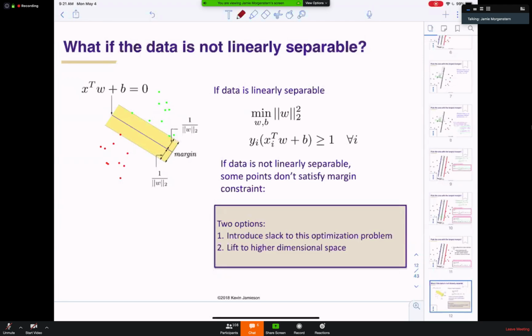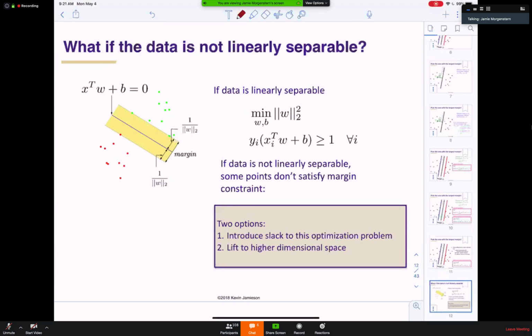And when that's not true, we basically have at least two options, right? One of which is introducing slack variables into this optimization problem. And I will go into that in more detail in a moment.